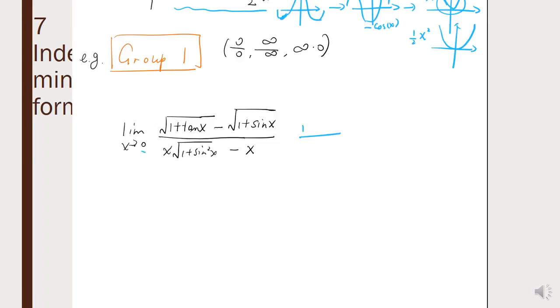On top we have 1 minus, and sin x is going to be 0 too, so we have 1 here, and 0 here on the bottom, and we have 1 plus 0 squared, and then minus 0. So of course we're going to have 0 over 0. That's the challenge we have been mentioning over and over again. So here we go again. This is a 0 over 0 type of limit.